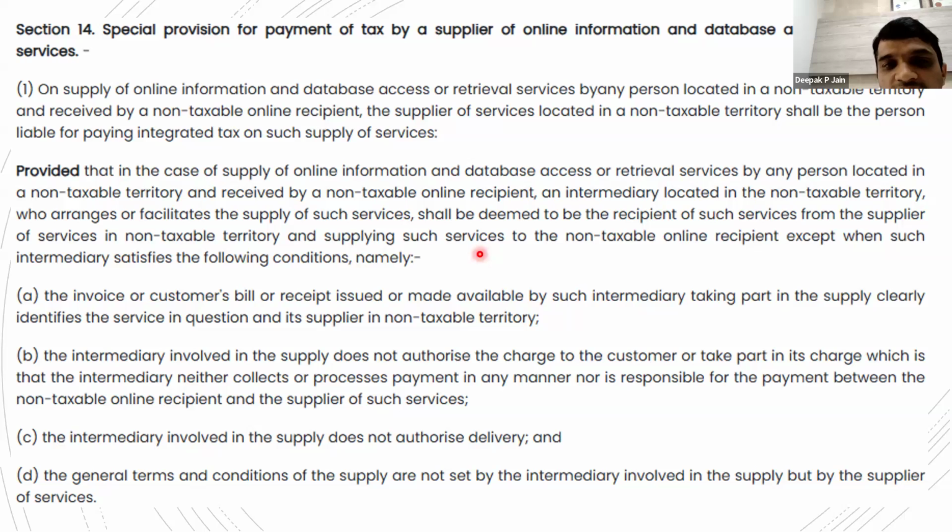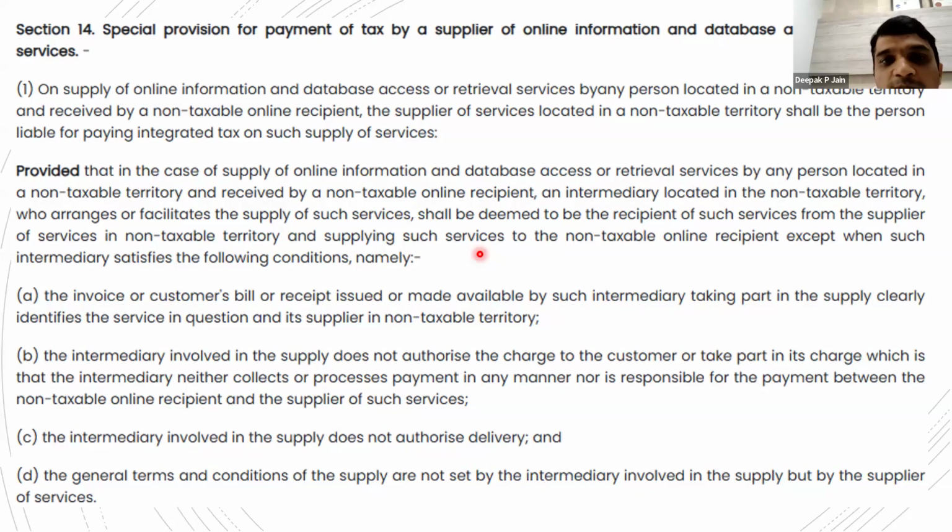So the proviso is defining who is an intermediary, and it is saying that the intermediary shall be deemed to be a recipient. The question I'm trying to raise is that since the intermediary, on satisfying some conditions, becomes a recipient, everywhere I'm seeing that if there is an intermediary, the taxability shifts to the intermediary.